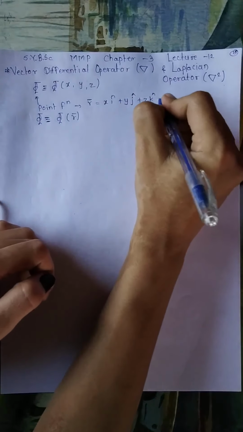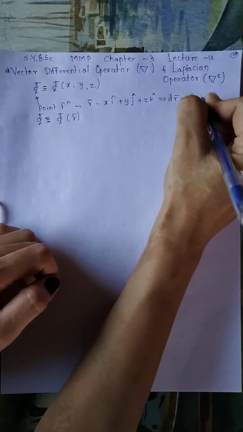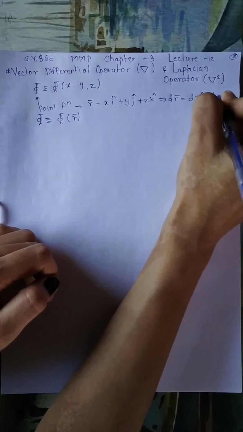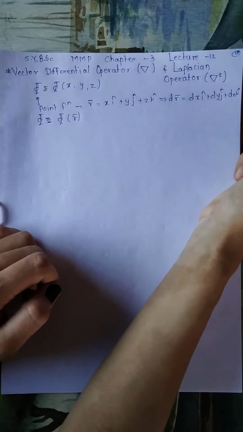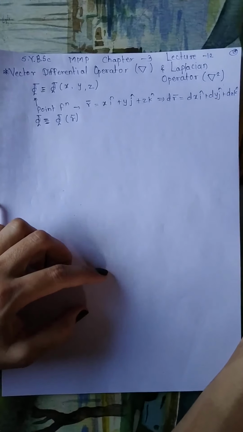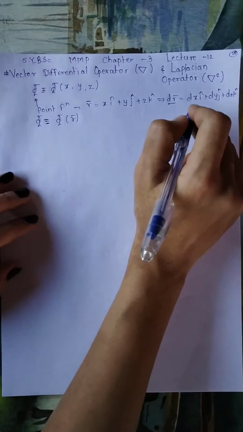From this r, we can also find dr as dx i cap plus dy j cap plus dz k cap. We will need this, that's why we have found it.